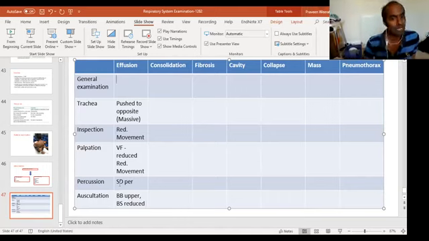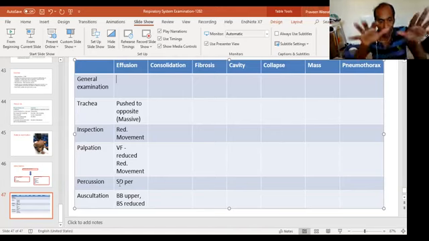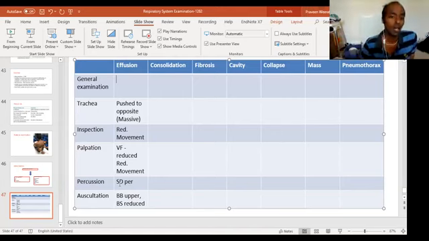Trachea is pushed to the opposite side. Reduced movements on inspection. The vocal fremitus is reduced. Movements are reduced when you check the chest wall movements. Stony dull percussion and breath sounds reduced with bronchial breathing above the effusion. Trachea is important. Remember, trachea can be in the midline as an exception if there is a significant collapse of the underlying lung.